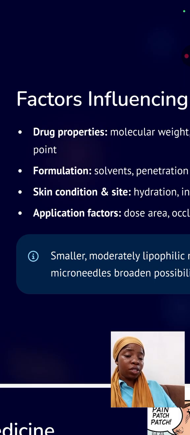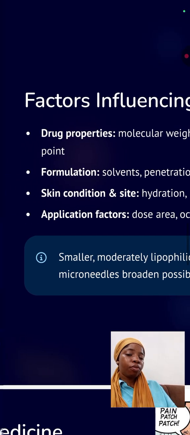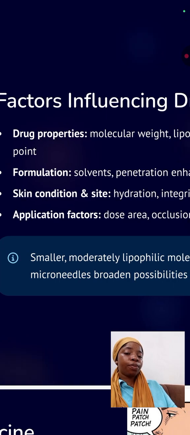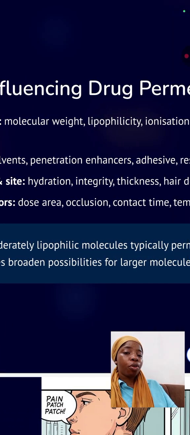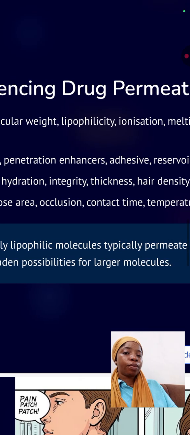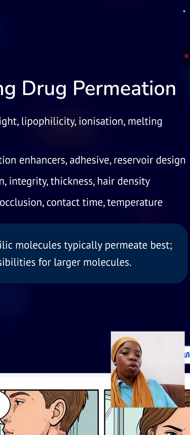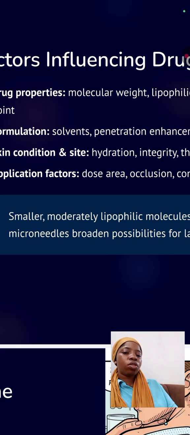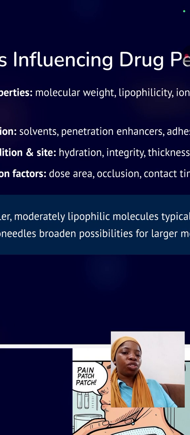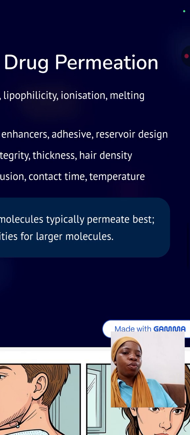When you say factors influencing drug permeation, first, drug properties: molecular weight, lipophilicity, ionization, melting point. Then formulation: solvents, penetration enhancers, adherence, reservoir designs.